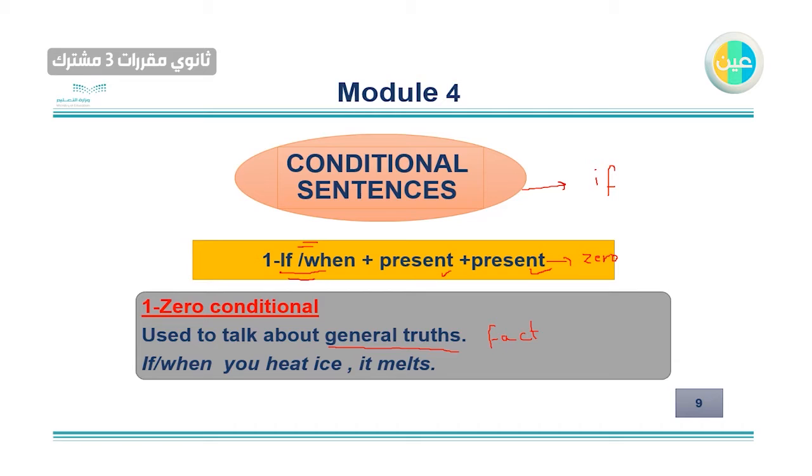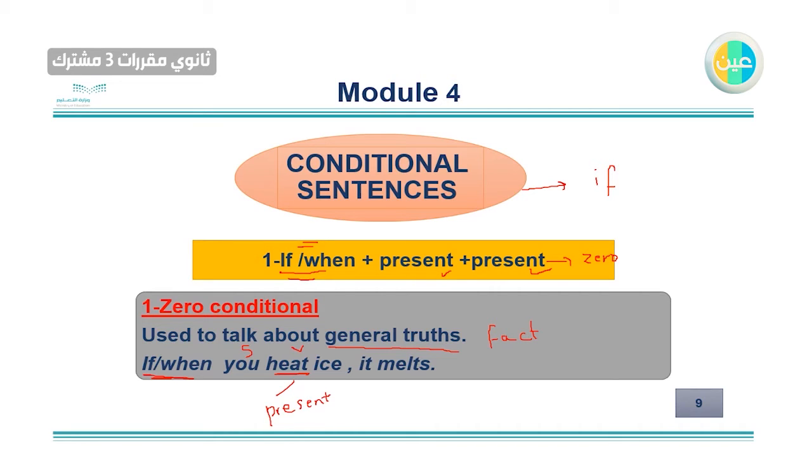If, can you see, or when you heat ice, this is the if clause. You know, the if clause has a subject, heat the verb, and the complement. What's the verb here? Present. If you heat ice, as you know, this is present, heat. What is the result? It melts. It melts.